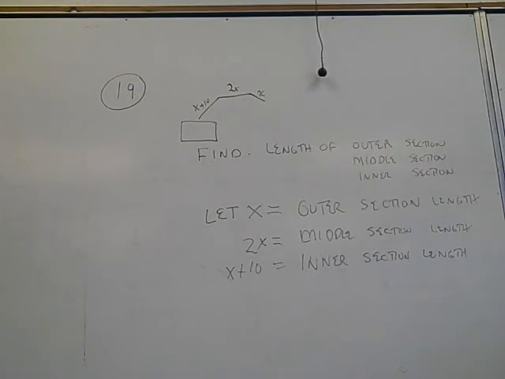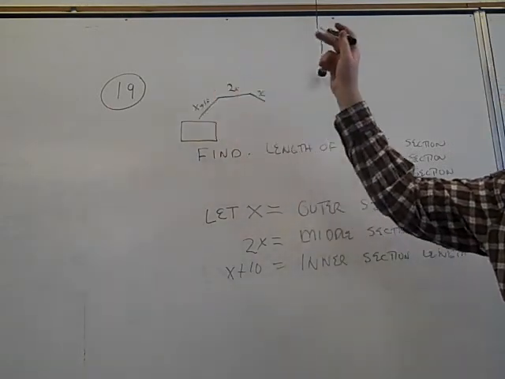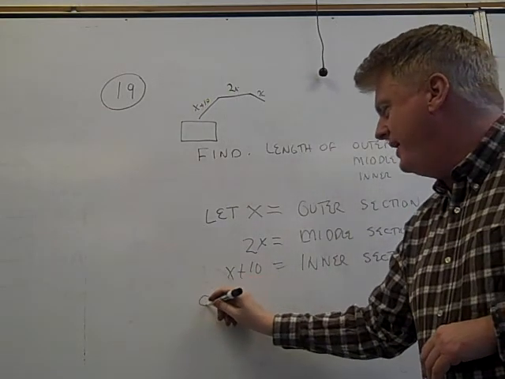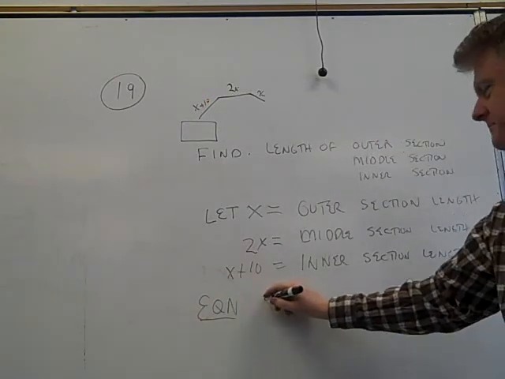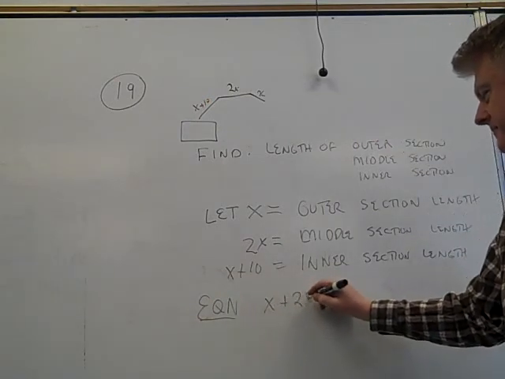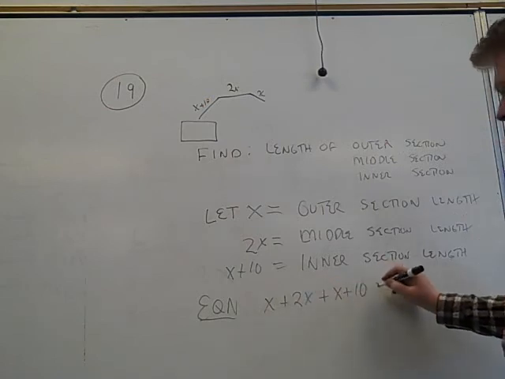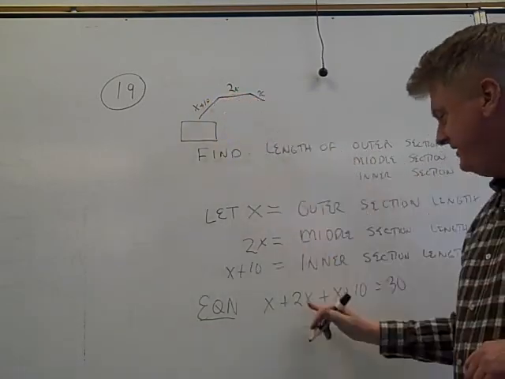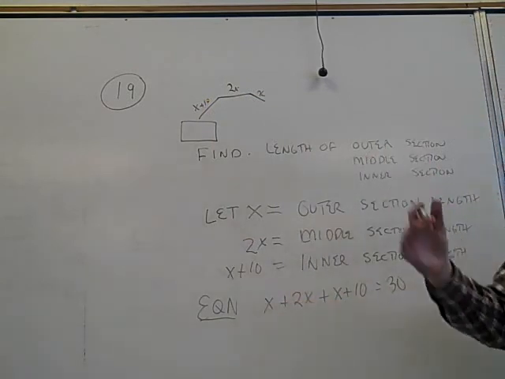Total distance. Okay. These arms extend out a total of 30 feet. Well, how can we write that in an equation? x plus 2x plus x plus 10 equals 30. This length plus this length plus this length is 30 feet.